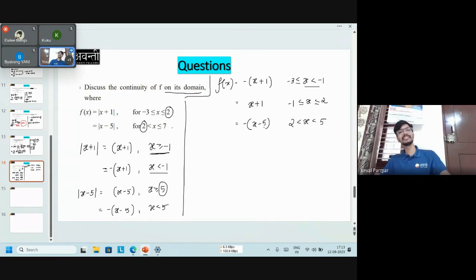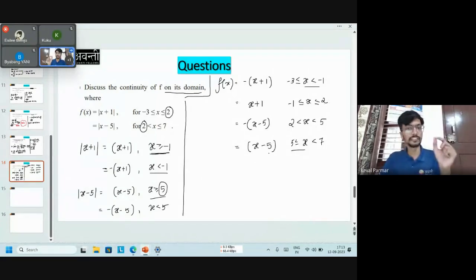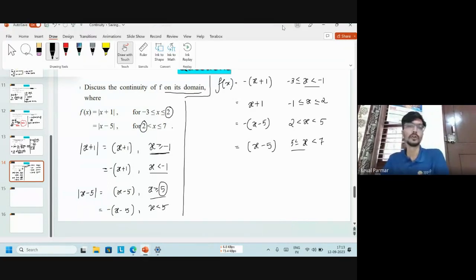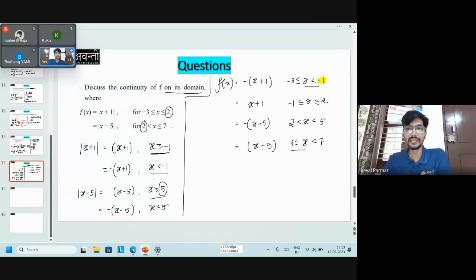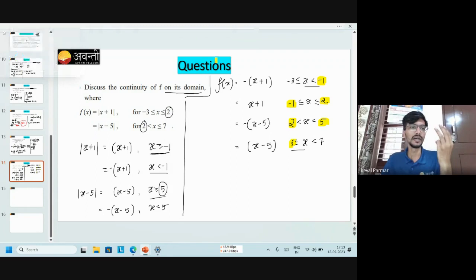And lastly, when x is from 5 onwards, that means x is greater than 5, my function will be x minus 5. So finally, after using the definition of mod, my function got broken into 4 parts. So where should I check the continuity? Where the function breaks. Here I have to check at minus 1, then 2, and then 5. Means in 3 points, we have to check the continuity.